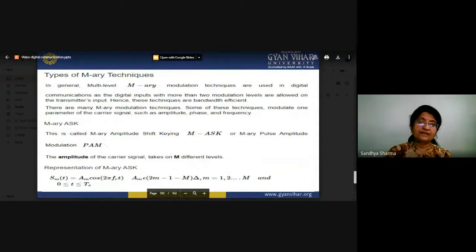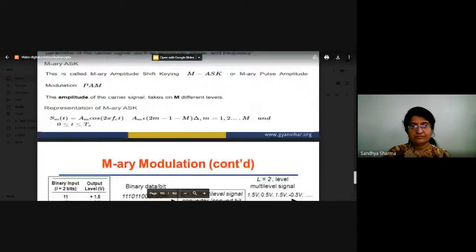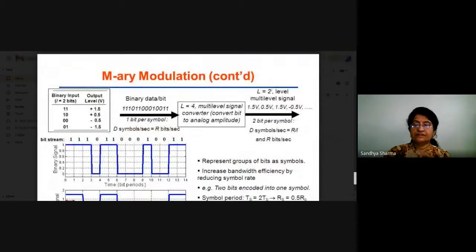Now we will again see the different M-ary techniques, the final expressions of M-ary. In our previous slides, we saw the general ASK system, amplitude shift keying, and now we will see M-ary modulation. You can see the change in amplitude.